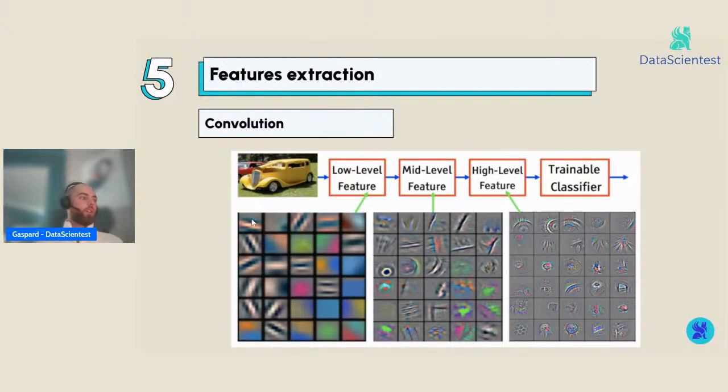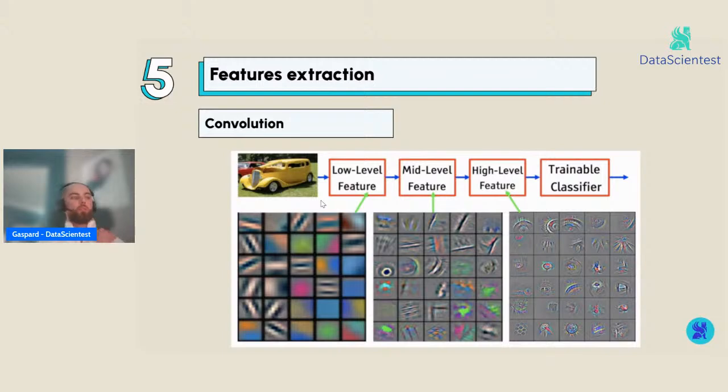And here you can have a representation. It's really interesting to look at the features that are learned. It may seem a bit strange, but this convolutional operation, you do that with a lot of different filters, and the network will try to learn the best filters to extract the most important information.